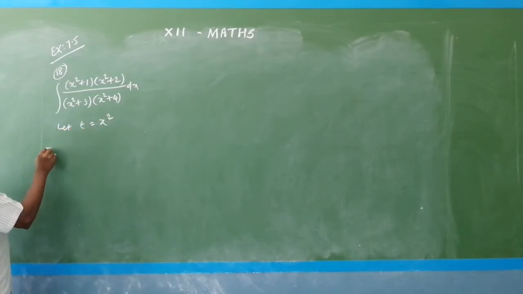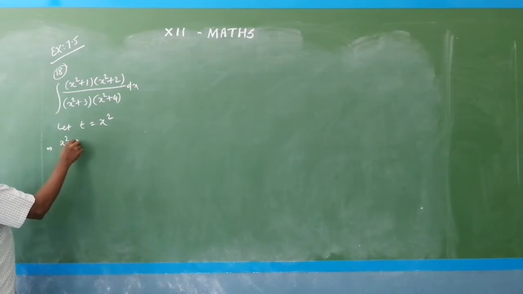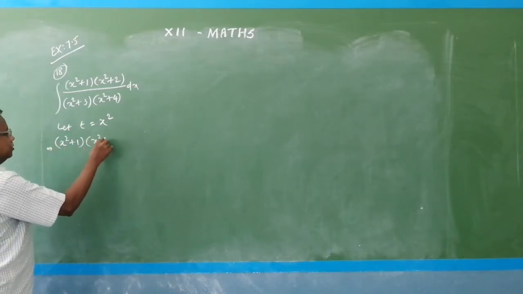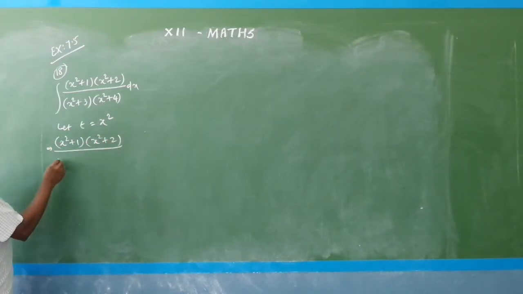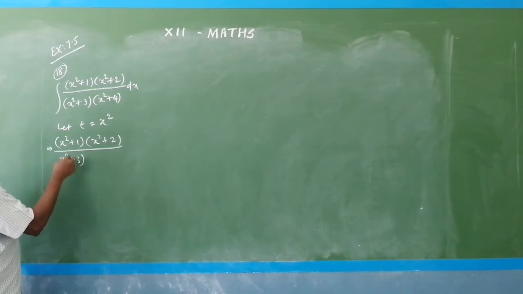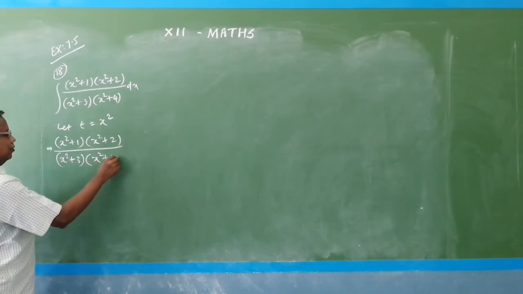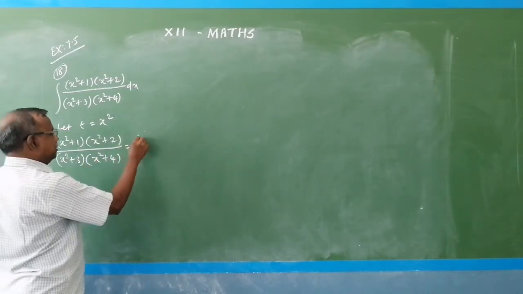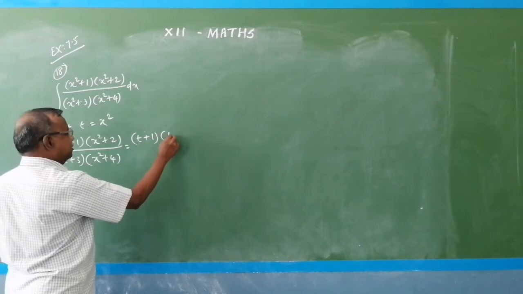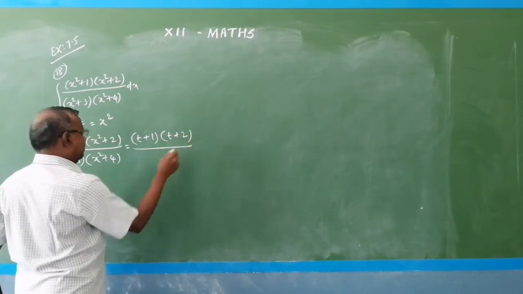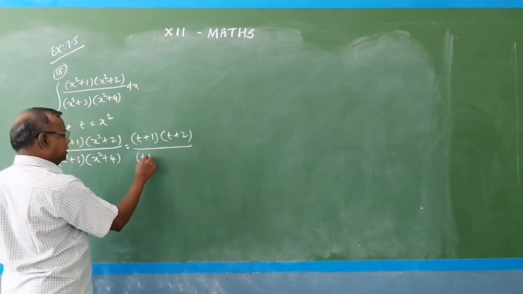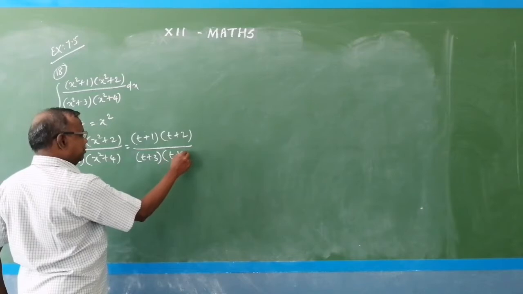So (x square plus 1) into (x square plus 2) divided by (x square plus 3) into (x square plus 4) equals (t plus 1) into (t plus 2) whole divided by (t plus 3) into (t plus 4).